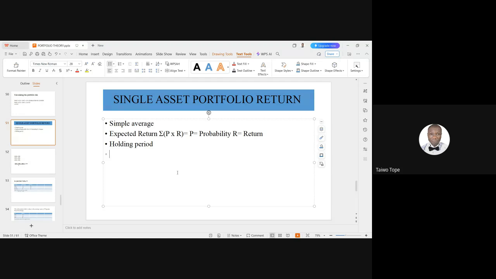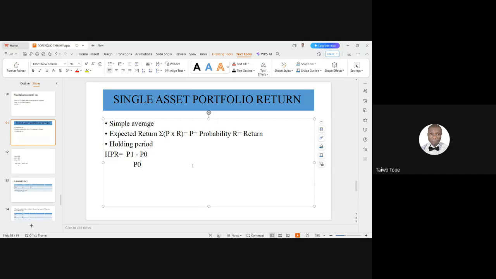As I said, it involves the concept of percentage change. Your holding period return can be computed in this form: P1 minus P naught, divided by P naught.